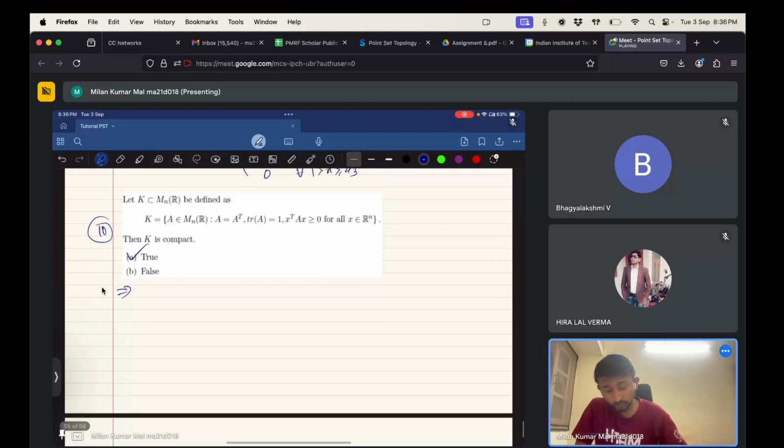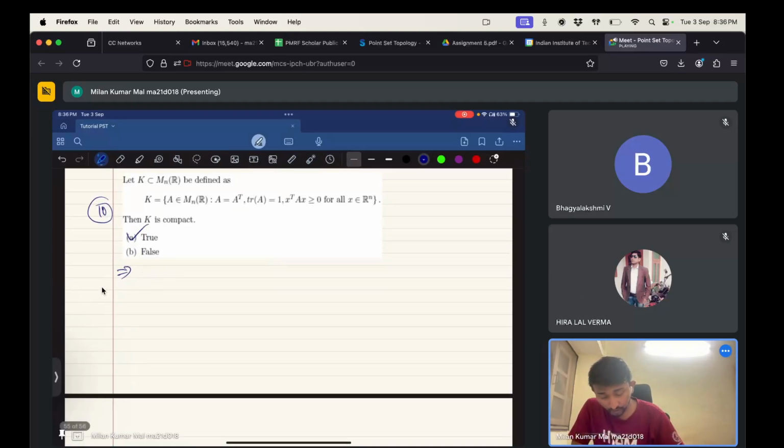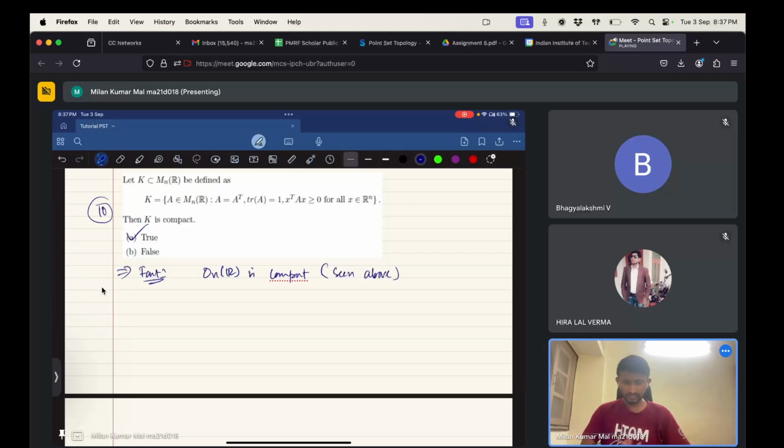Let's first state some facts. Fact: O(n,R) is compact, as seen above. We have seen above O(n,R) is compact. O(n) is all those A belonging to M_n(R) such that A transpose A equals the identity. This is O(n,R).